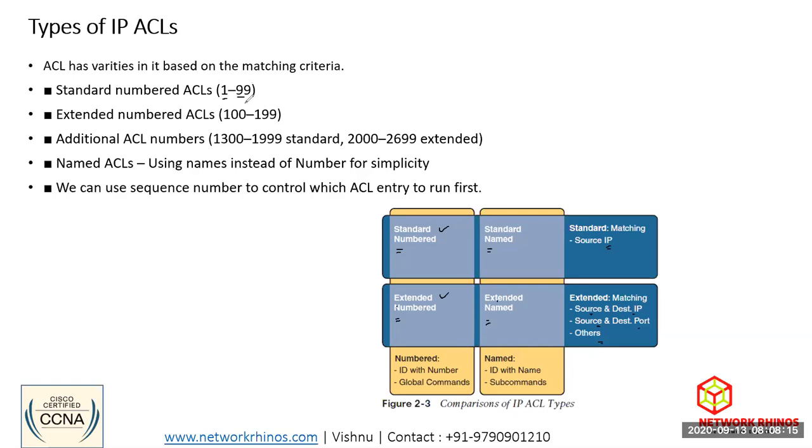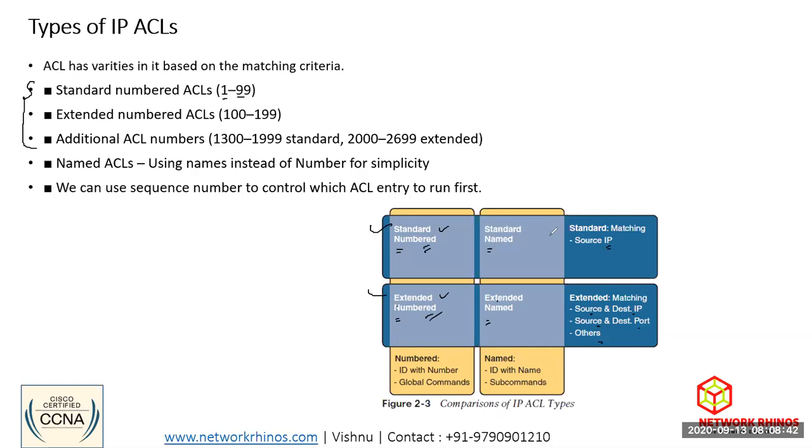Additional ACL numbers are also there: 1300 to 1999 is considered standard ACL, and 2000 to 2699 is going to be an extended ACL. So these are standard and extended numbered ACLs.